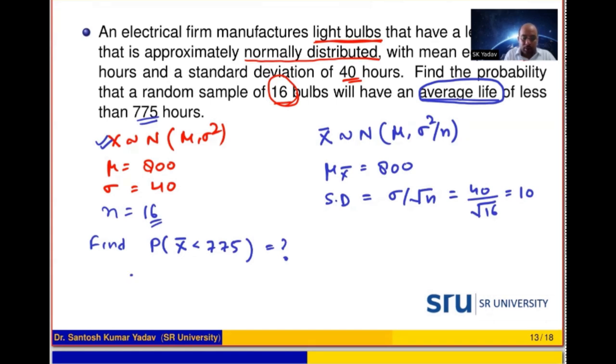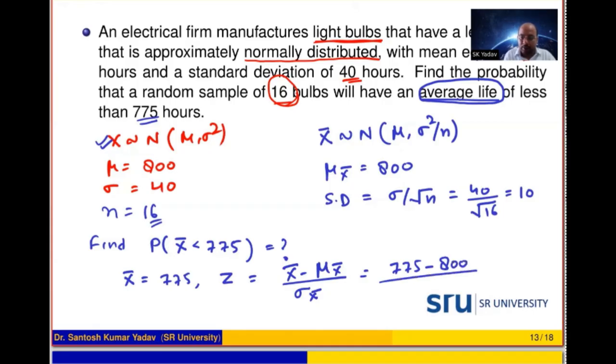So when x bar is equal to 775, what is Z? This is given as x bar minus mu of x bar divided by sigma of x bar, which is the standard error. So we have 775 minus mu of x bar, which is the same as the population mean, 800, divided by 10.